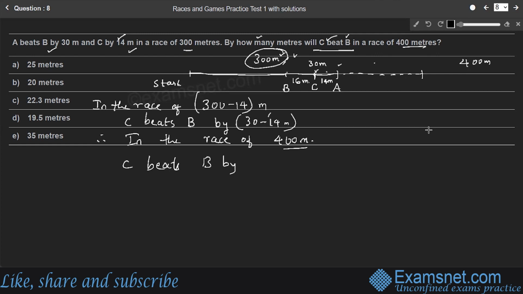We are considering that in the race of 300 meters, C beats B by 16 meters. So 300 minus 14 is equal to 286. In the race of 286 meters, C beats B by 16 meters.